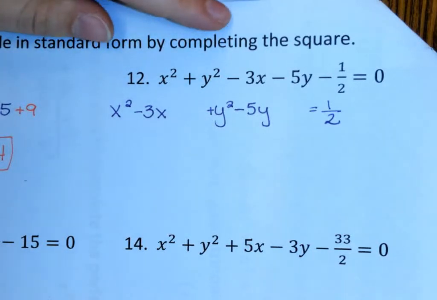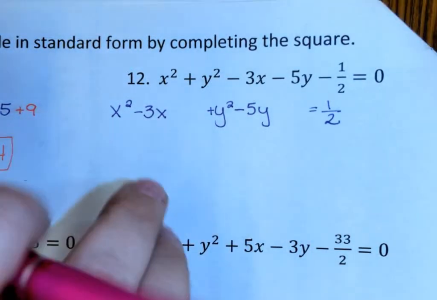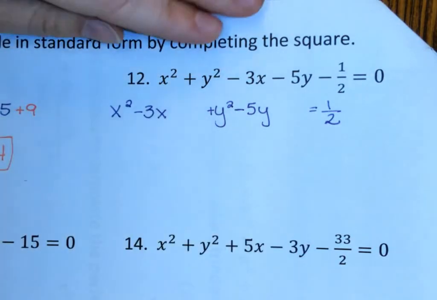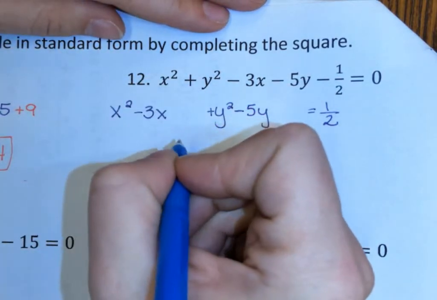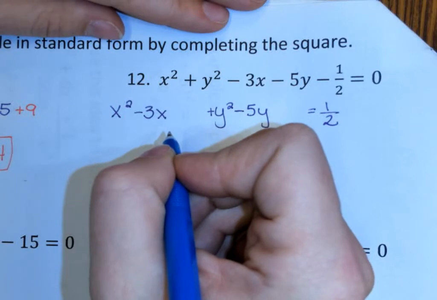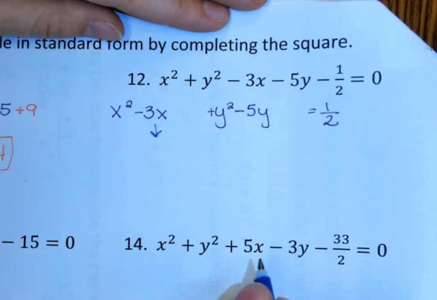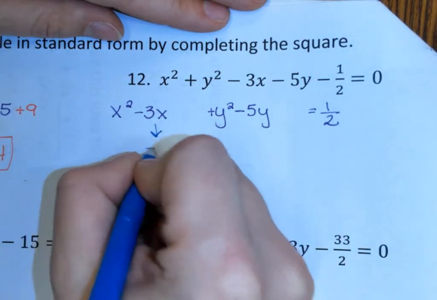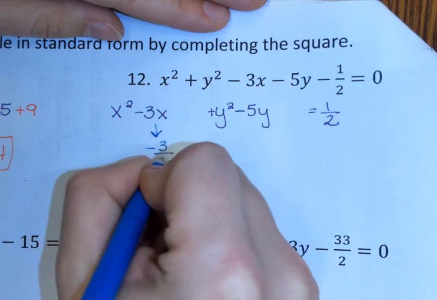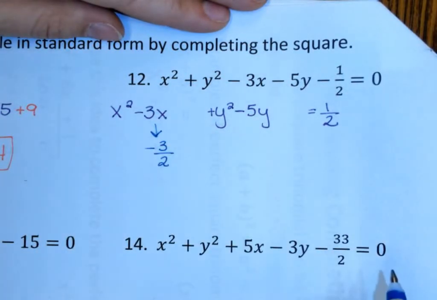Okay, so now I'm going to complete the square, and I'm going to take the exact same steps that I did before. And I'm not going to let fractions scare me. What is half of -3? Do not give me decimals. It's just -3/2. Don't make your life harder.